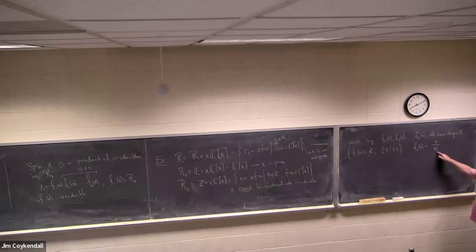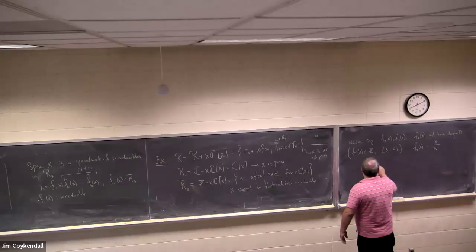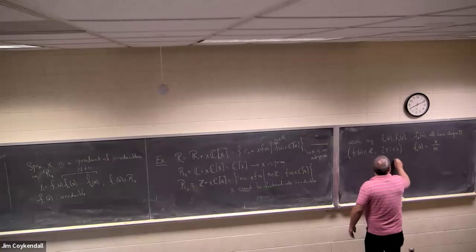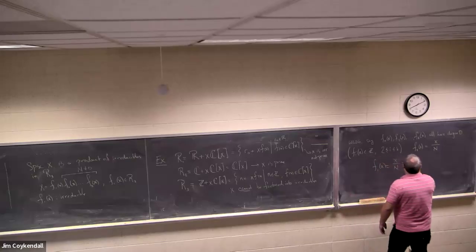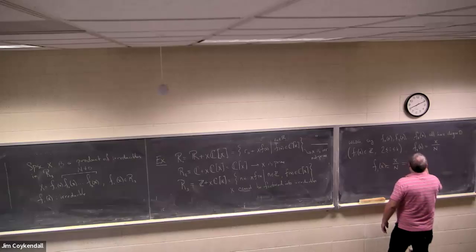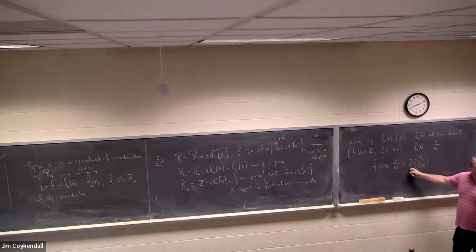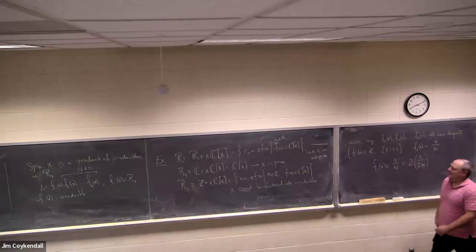This is actually not irreducible, right? Because notice that f1(x), which is x over N, I am such a big fat cheater, is 2. And notice neither one of these factors is a unit, right?